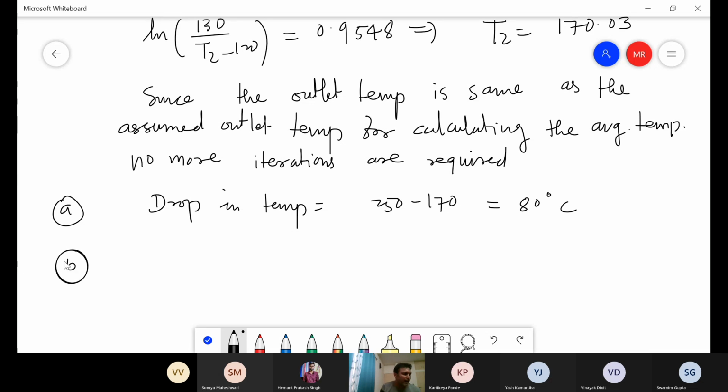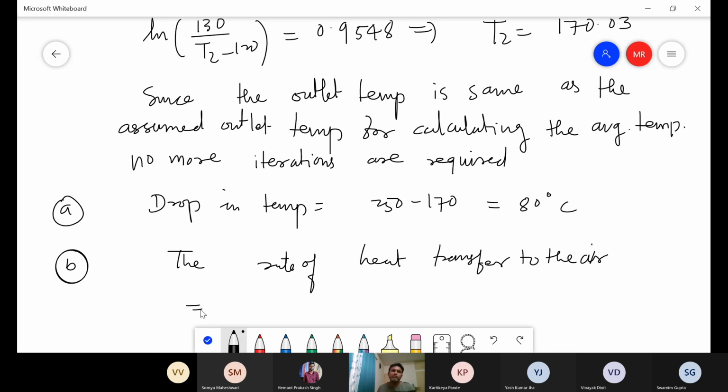Part B, we have to find the rate of heat transfer to the air. The rate of heat transfer to the air in this case is given as mCp delta T. So this we can directly obtain: 0.832 into 1030 into 250 minus 170.